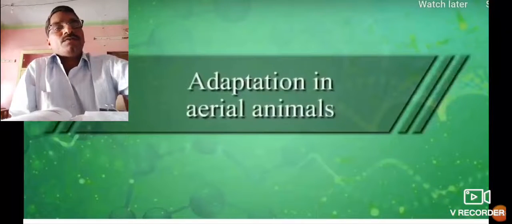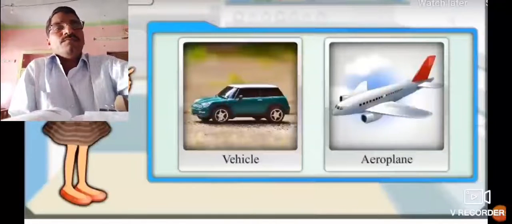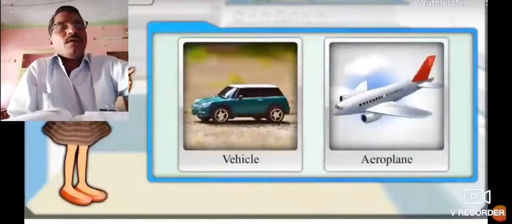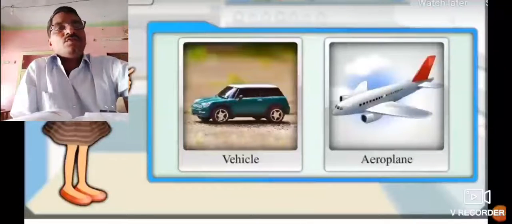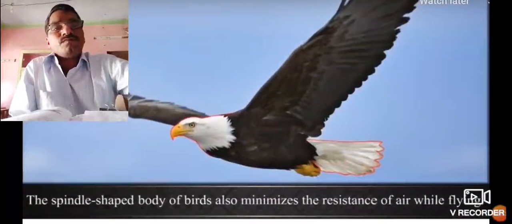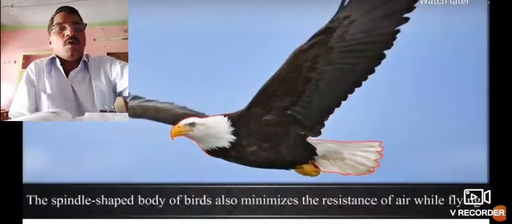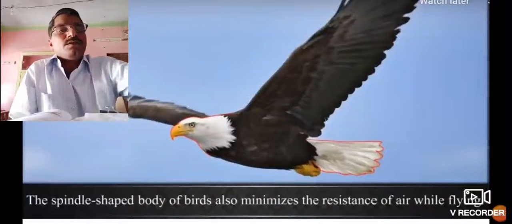Next point, dear students: adaptation in aerial animals. You see in this picture, students, the first picture is a vehicle and the other picture is an aeroplane. In these two pictures, tell me the differences. The spindle-shaped body of birds also minimizes the resistance of air while flying.